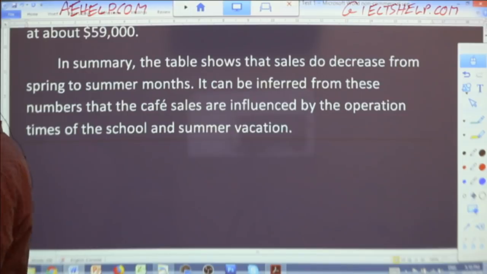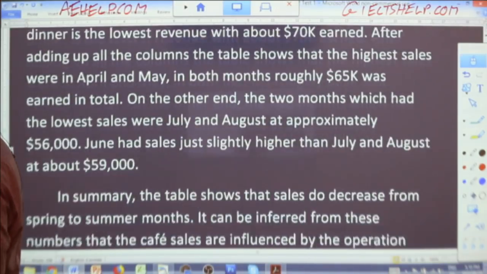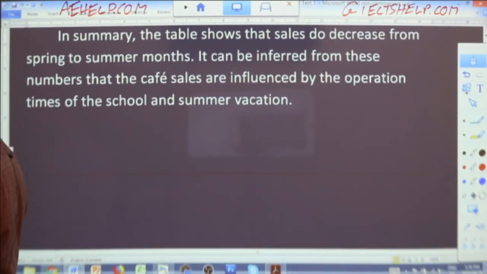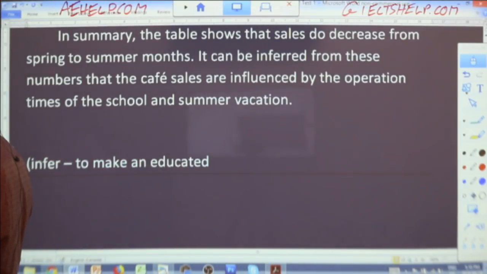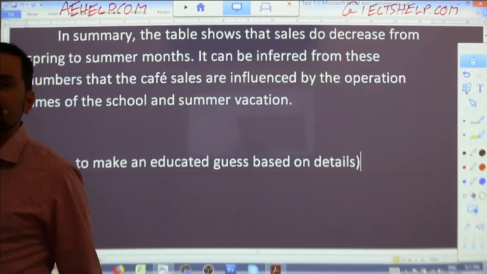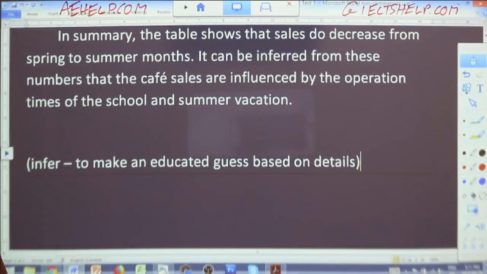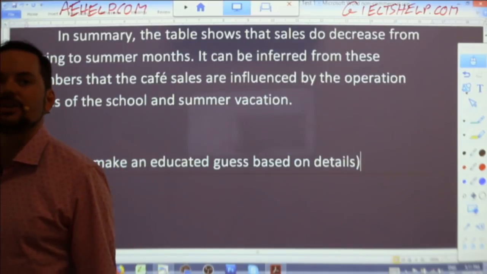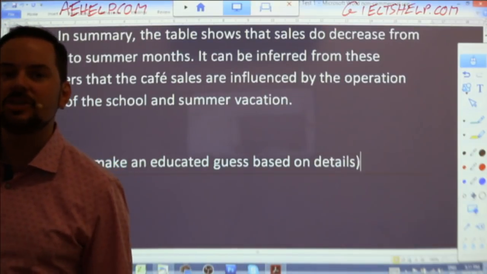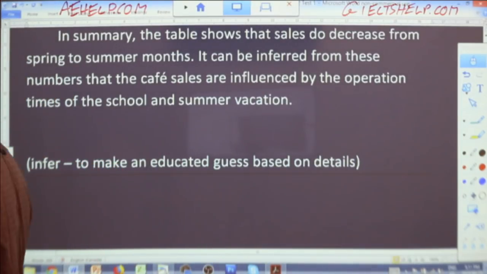Infer means to make an educated guess. I'll put that at the bottom here. Okay, so in university, you generally don't say guess, you say I infer because you're using data or information. So infer means to make an educated guess based on details, okay?